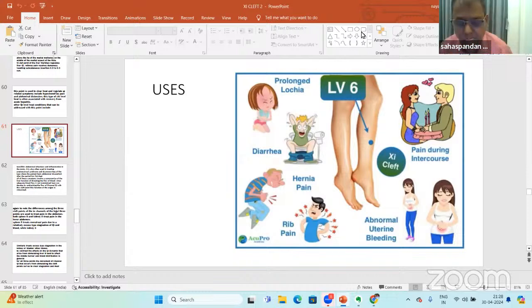So uses of this point: painful menstruation, pain and swelling of the testes, and uterus prolapse, diarrhea, constipation, and irregular menstruation.